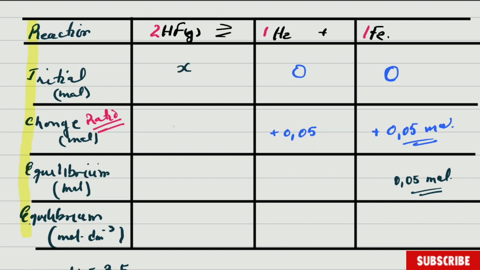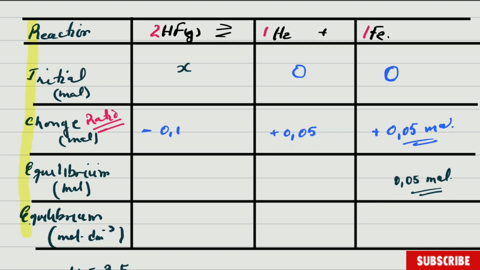So this one is 0,1. That is the amount that was changed there for the HF. Here you are using ratios, but this is a negative change. All right, so you must know that the change is negative because the product increases, but the reactant decreases. So it decreases by 0,1. That is what I want you to know.